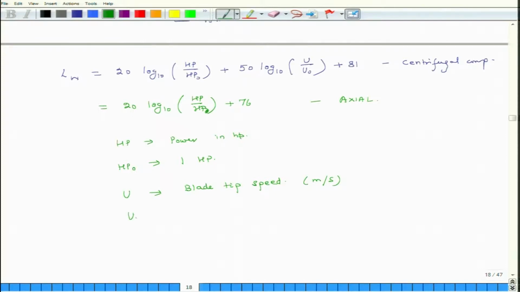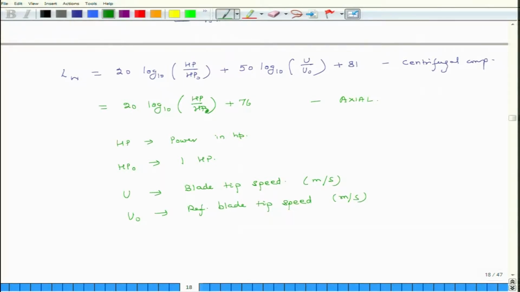And then U0 is the reference blade tip speed, and this is again in meters per second. And what is the reference blade tip speed?